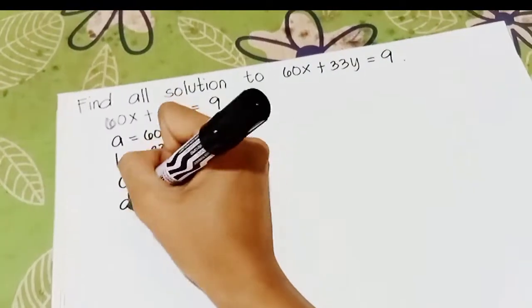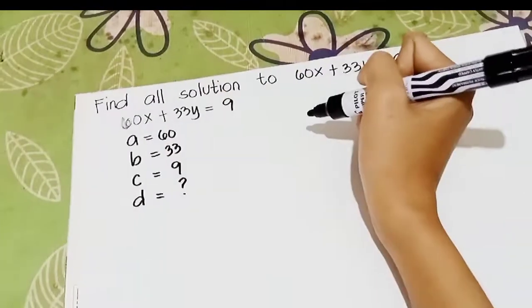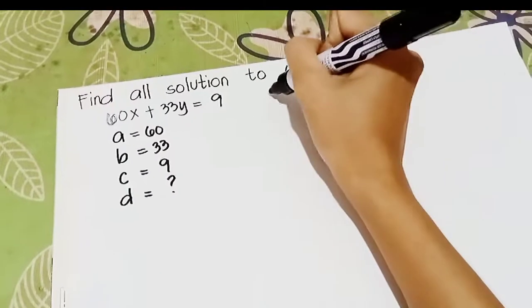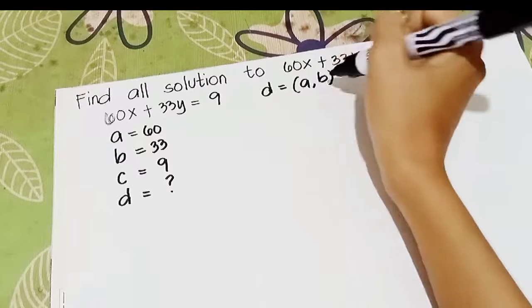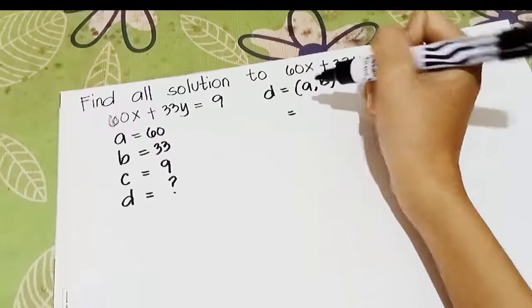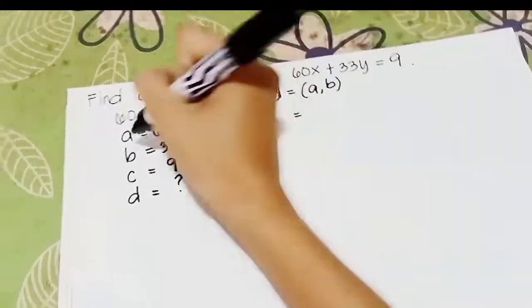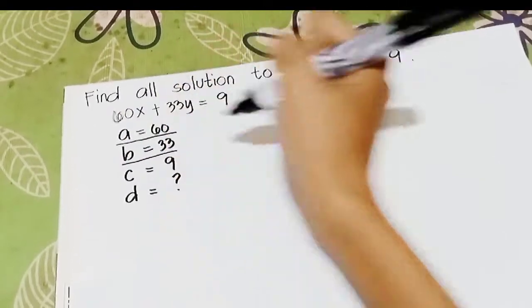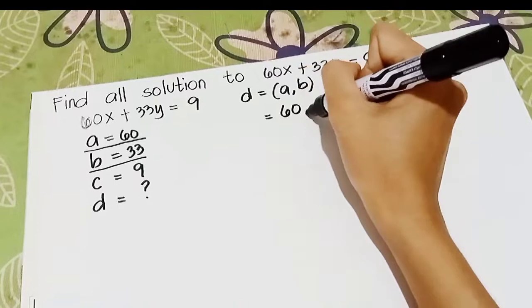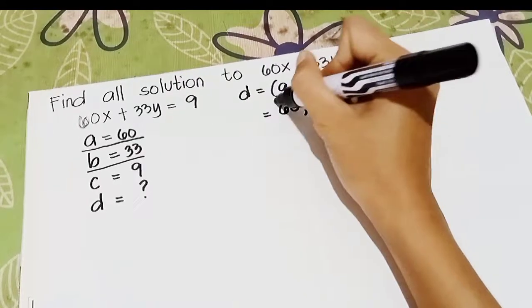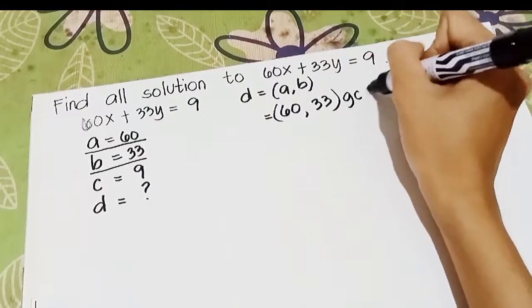So let's find the value of d. d equals the GCD of a and b, so the GCD of 60 and 33.